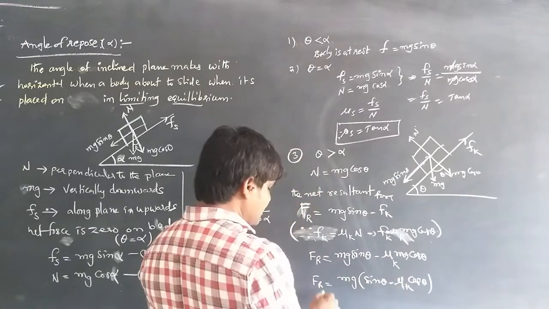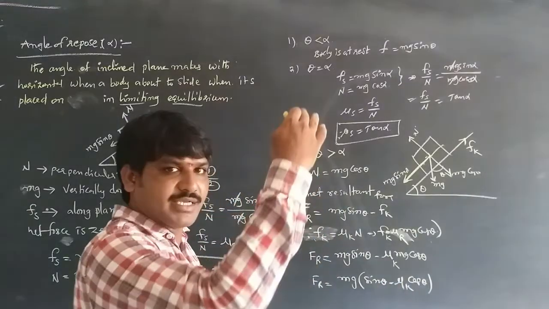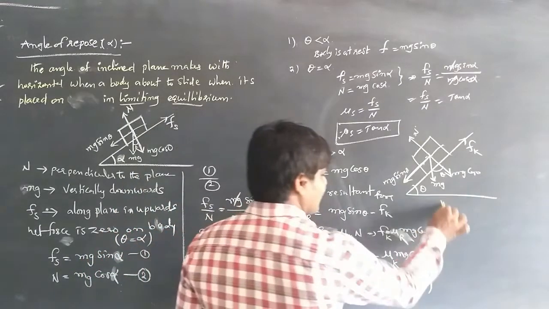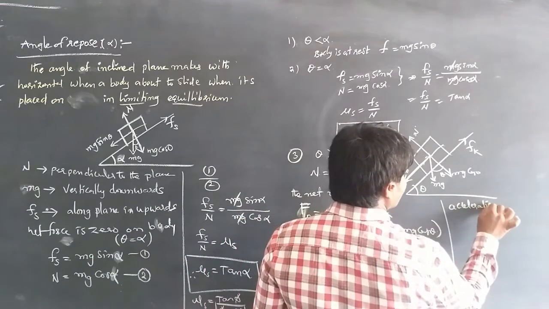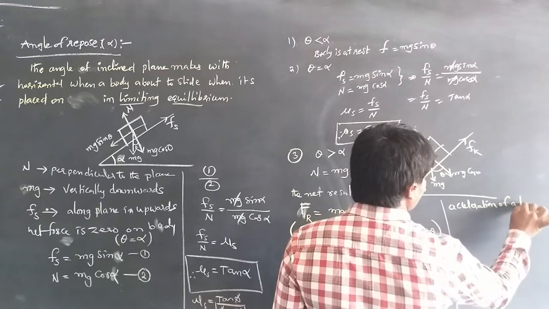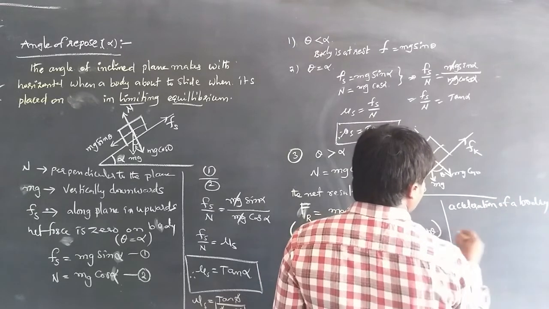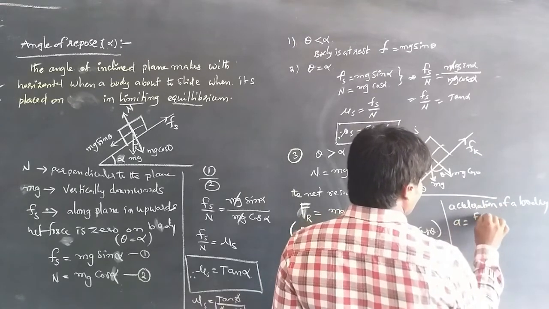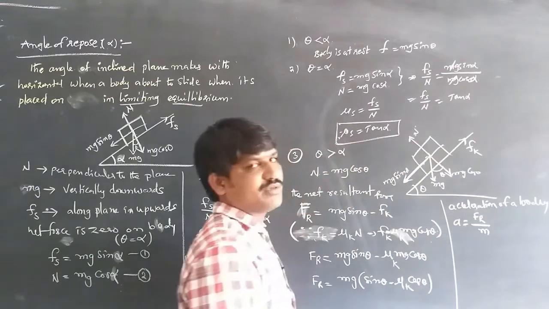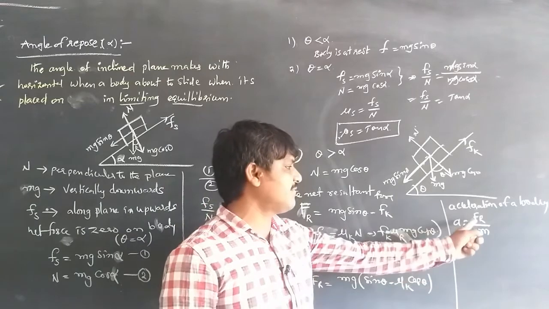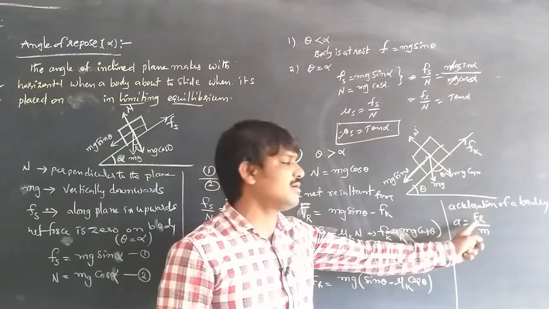What is the acceleration of the body when it is sliding down the inclined plane? From Newton's second law, F is equal to ma, so the acceleration A is equal to the net resultant force Fr by m.